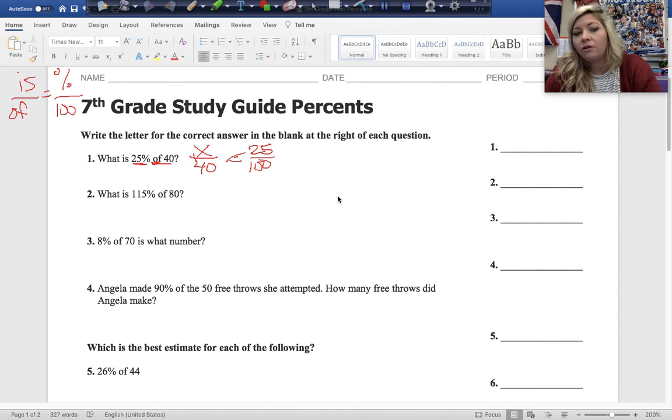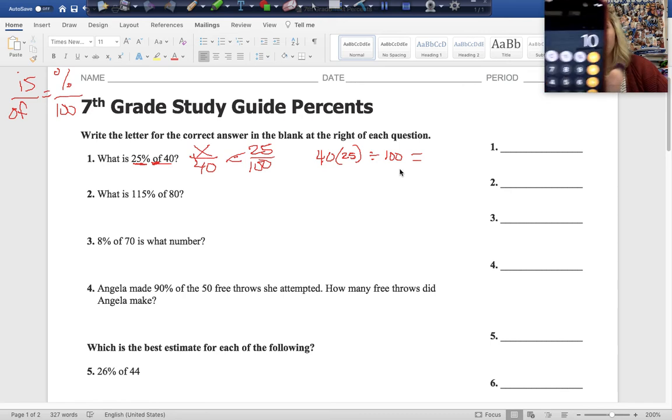So we've got 40 times 25, and it's 1,000. And then we divide that by 100. And then you get 10. So our answer here is 10.